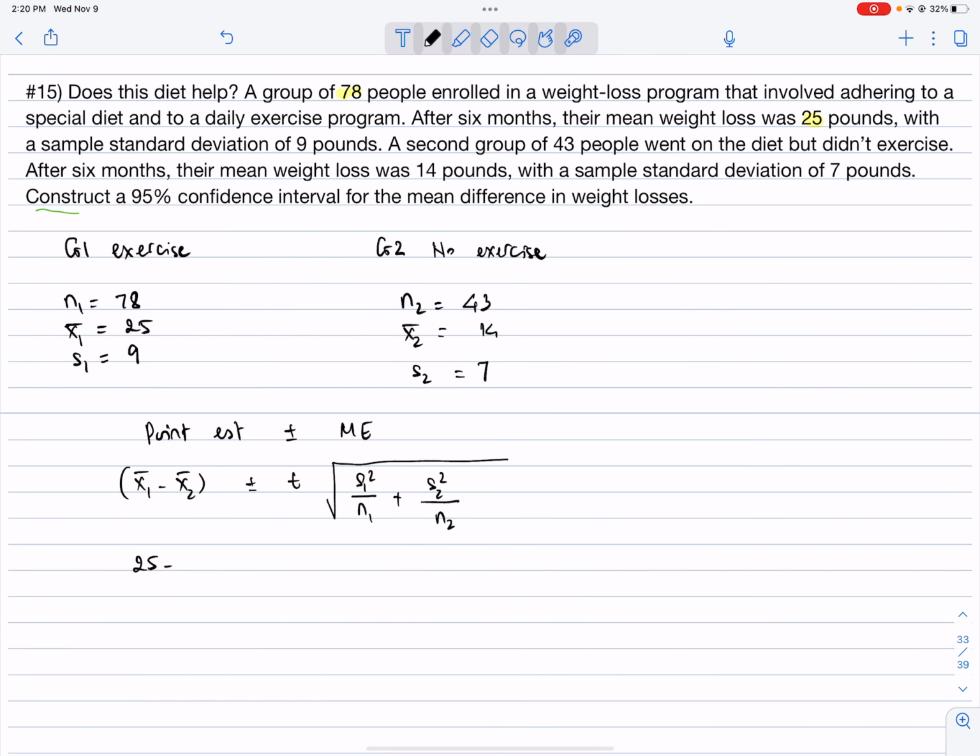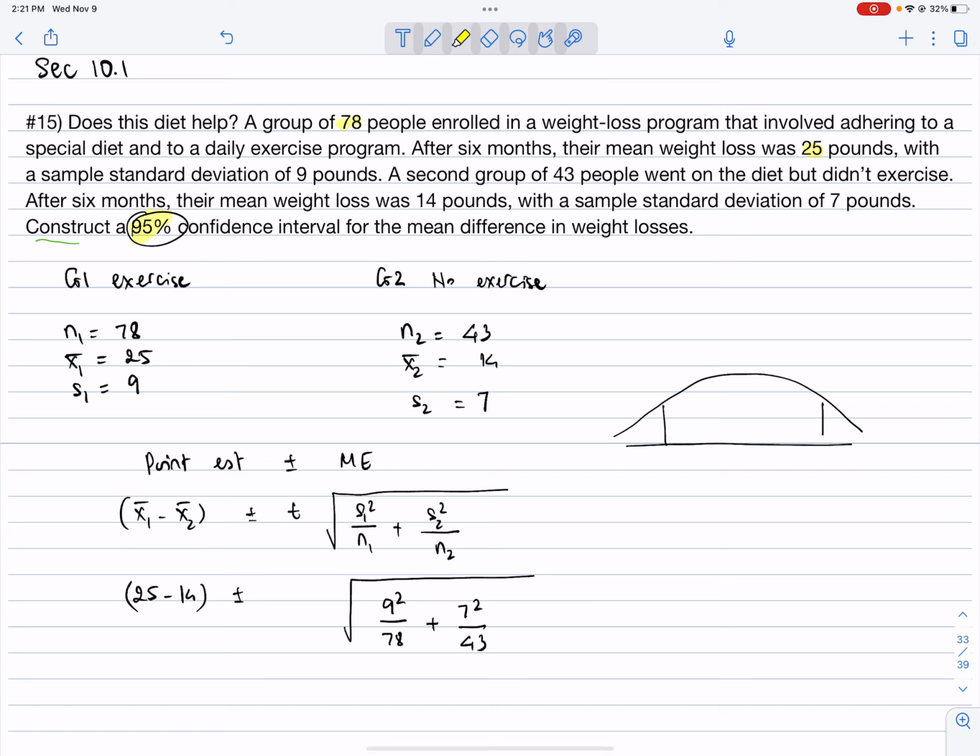So 25 minus 14 plus or minus the square root of, you plug in the numbers, 9 squared divided by 78 plus 7 squared divided by 43. Now we need to find the t for the 95% confidence interval given in the problem.